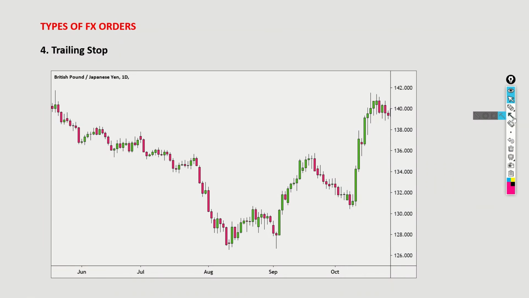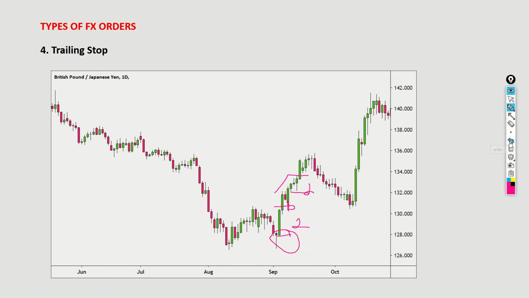So in short, to explain the trailing stop, for example, you put here your buy order, and then you put here a trailing stop loss of 2 pips. It means that if the price moves to this level, it goes high to this level, this stop loss will automatically be shifted.